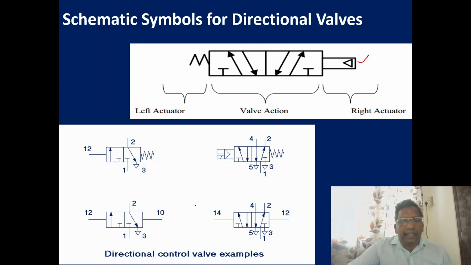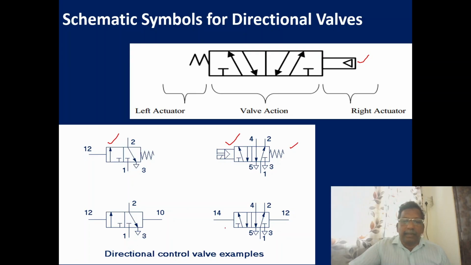We have different types of direction control valves. As an example, here are the symbolic representations. Here it is a 3 by 2 valve. Then if it has a pilot operator with solenoid combination, we have its spring return. Here it is a pilot operator with a 3 by 2 valve, so this is pilot operator, spring return.